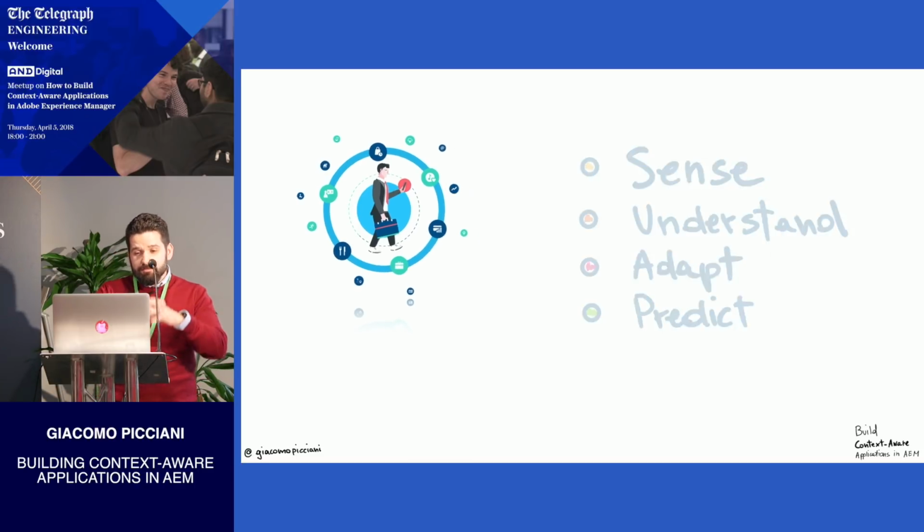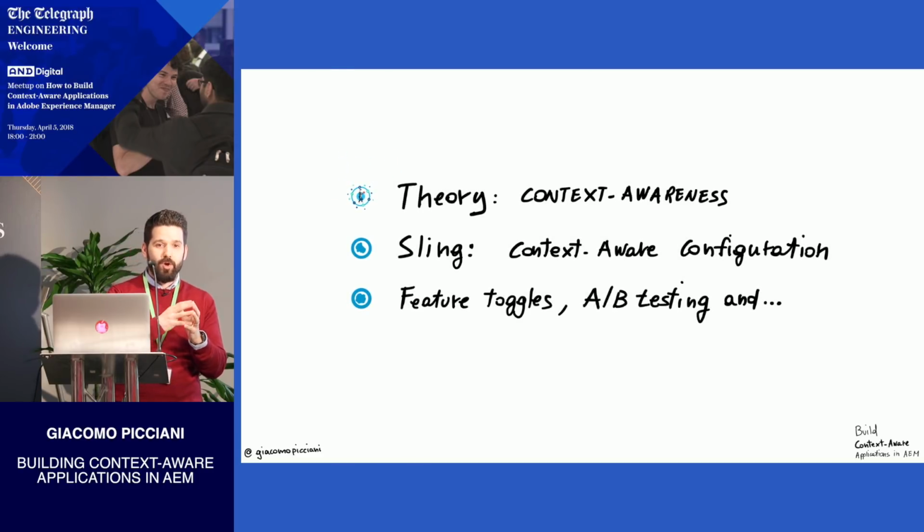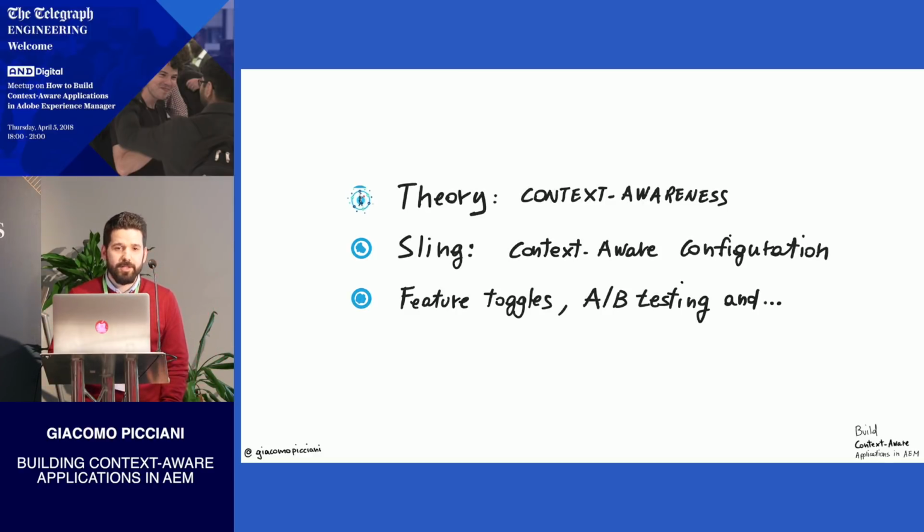Yeah, so this is just an introduction of what context means and what a context-aware application means. Also a really brief history of what is behind this term. And today, the module I'm going to present is actually in line with this kind of thinking. This module is provided by Sling.